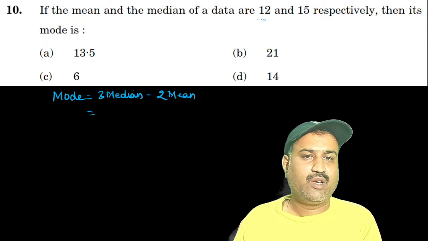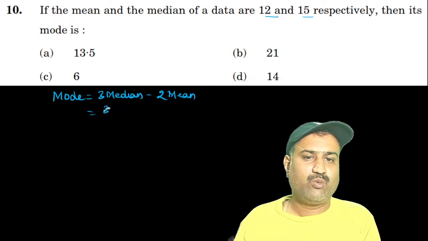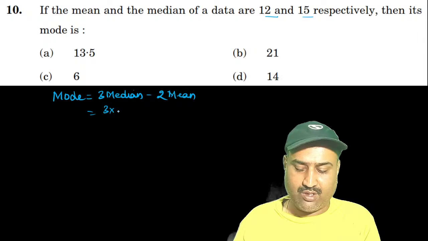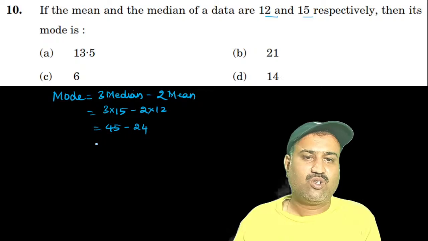Now I know the mean as 12 here and the median as 15 here. 3 into median, 3 15s are 45, minus 2 into mean is 12 here, that is 45 minus 24. 45 minus 24 is 21.